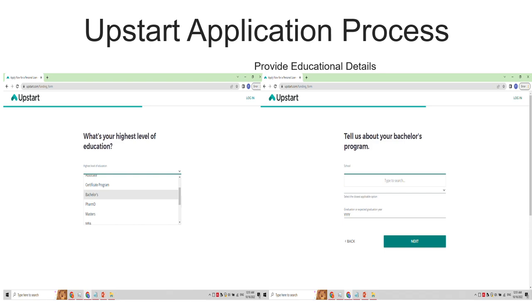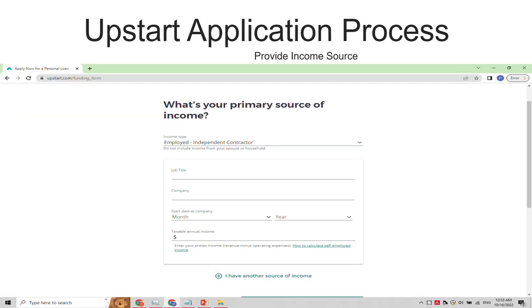Then, depending on our selection, it also asks for the school, the applicable category of major, as well as the graduation year. Then it asks about the source of income, whether it is from employment or as an independent contractor. Once we select the corresponding option, it asks for the company, the job title, the start date of the employment, along with the annual income.